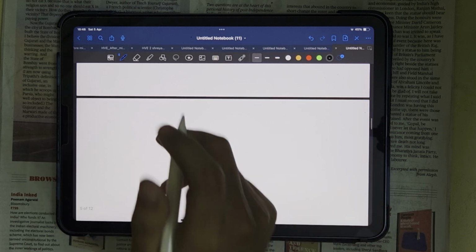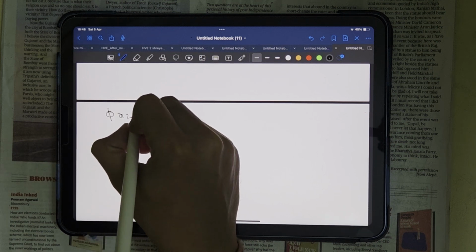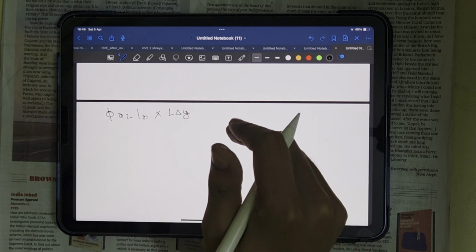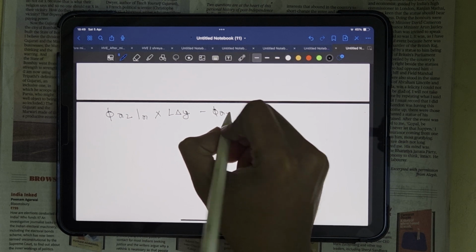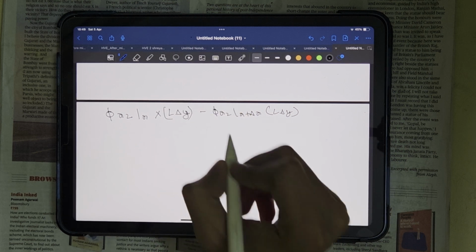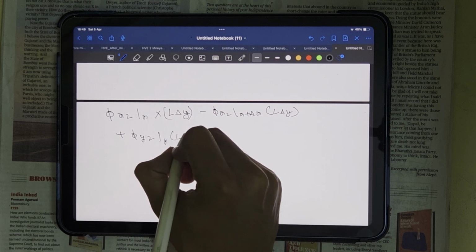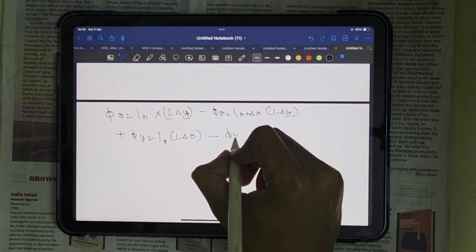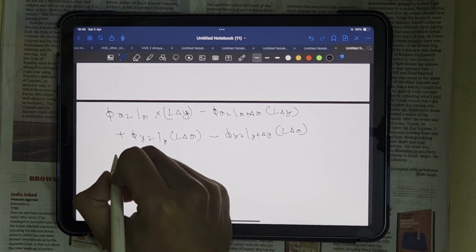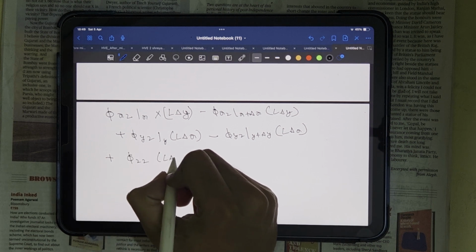So now we will use the shell balance equation. Phi xz at x, we will multiply with the cross sectional area perpendicular to that flux, minus phi xz at x plus delta x, L into delta y, plus phi yz L into delta x minus phi yz at y plus delta y, plus phi zz L delta x.